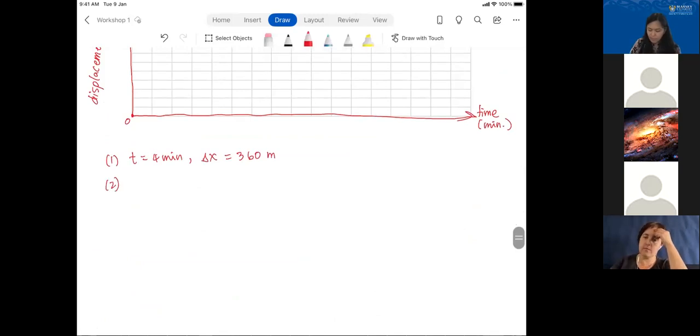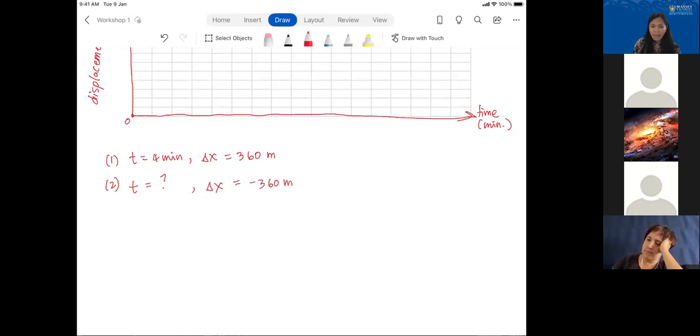For the second segment, when you jog back to your lecture theater, how long did it take you to jog back? You don't know that, so we still need to find that out in order to draw the graph. But we already know the displacement. When we jog backwards, we had a displacement of 360 meters relative to your position after the first segment.